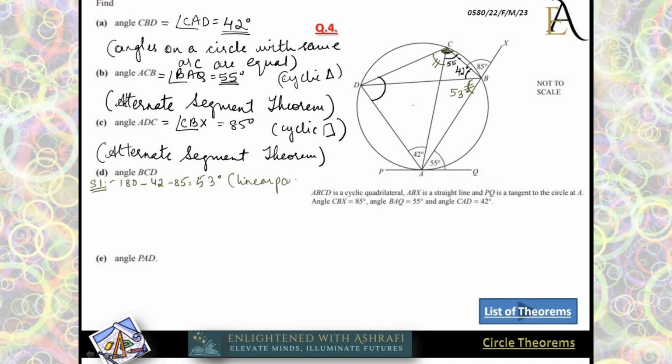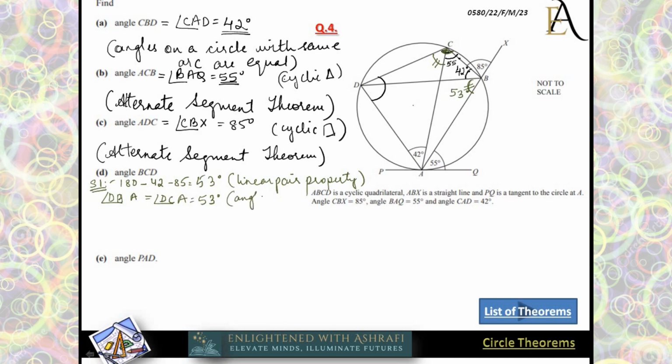Linear pair property. So angle DBA is equal to angle DCA, which is equal to 53 degrees.